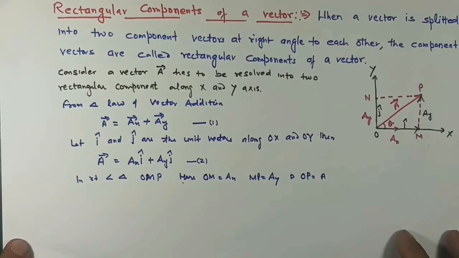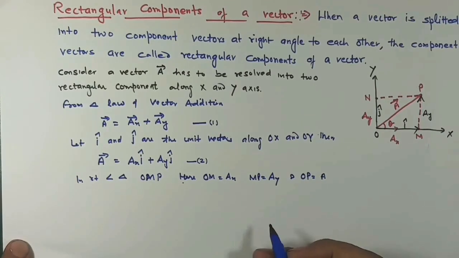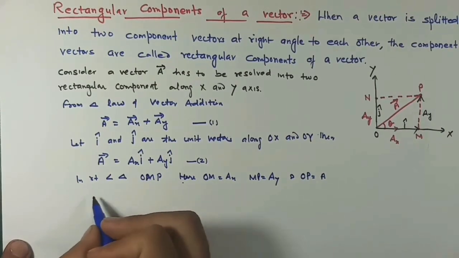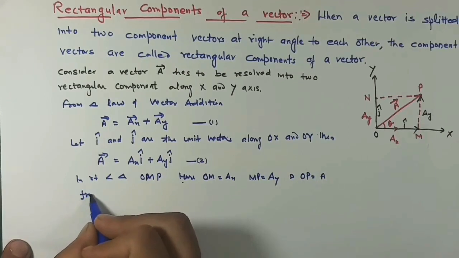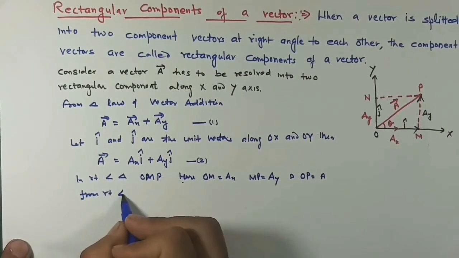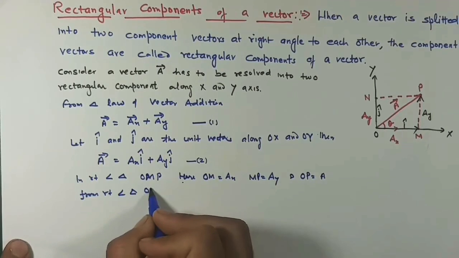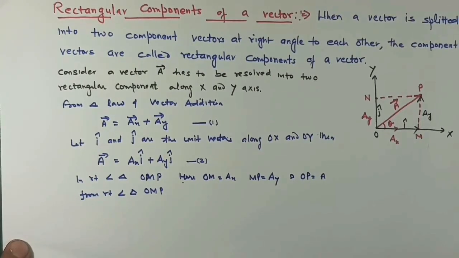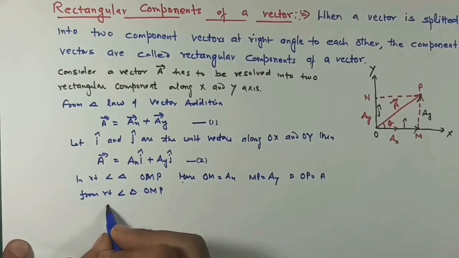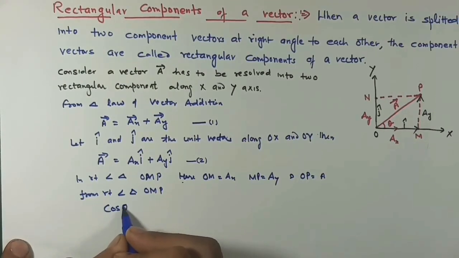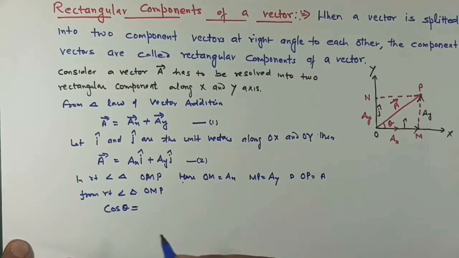So from right angle triangle OMP, cos of angle theta, is the base upon hypotenuse.